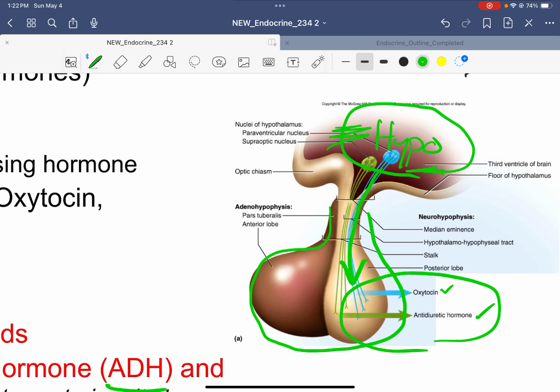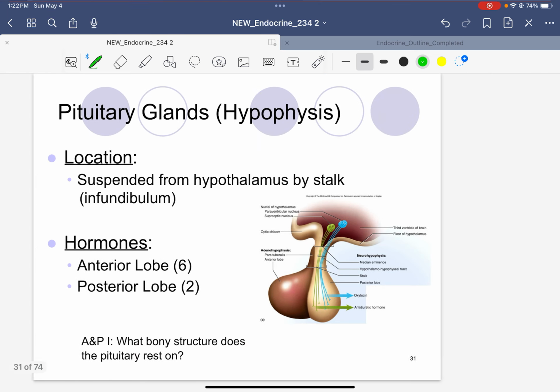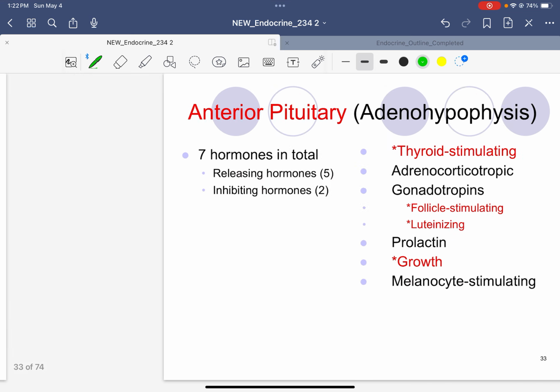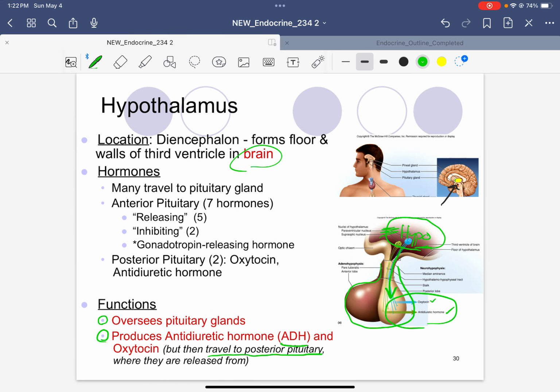The posterior pituitary gland. We're going to see the functions of those two hormones later. Overall, the hypothalamus oversees the pituitary gland and produces two hormones, ADH and oxytocin.